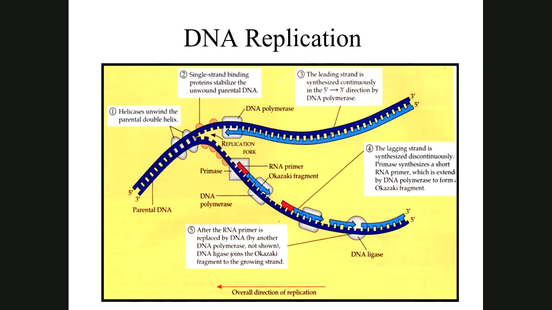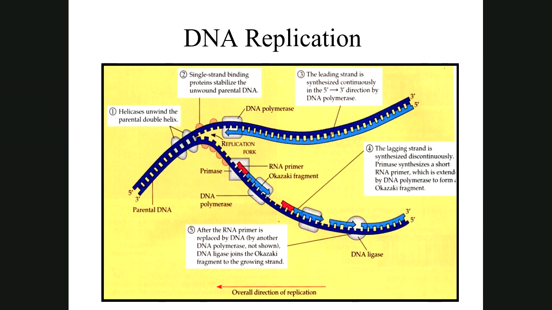Now they want to go back together, but look at number 2. Number 2 stops them. Single-strand binding proteins stabilize the unwound parental DNA. It will not let the two strands go back together yet. So it keeps them apart. And where it's keeping them apart is called the replication fork, where the two strands of DNA are unzipped. That's the replication fork.